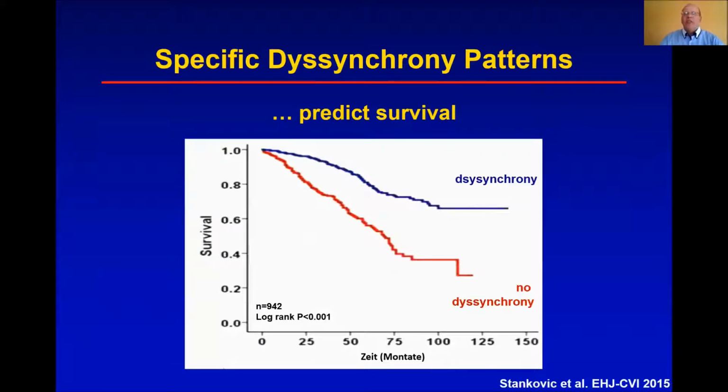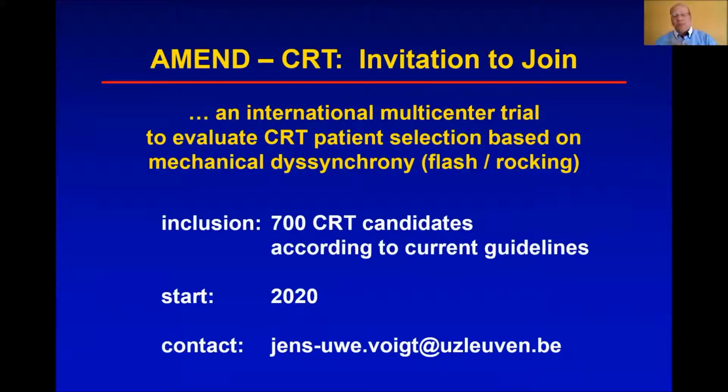Patients with a typical mechanical dysynchrony, they survive better than those who have no dysynchrony with a hazard ratio of 2.5.